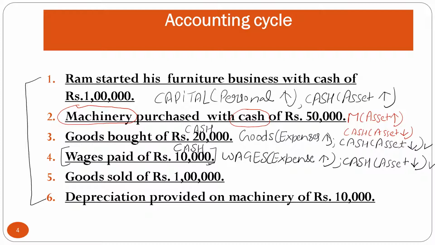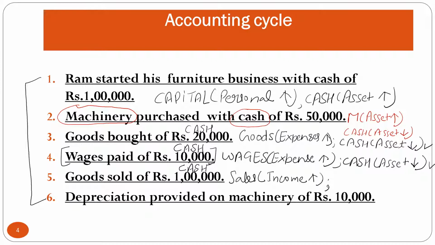Next is goods sold of rupees 1 lakh. Here again we assume that this is a cash transaction. Goods sold or sales is an income, so income increases by 1 lakh rupees, or 1 lakh rupees of sales happen to the business.